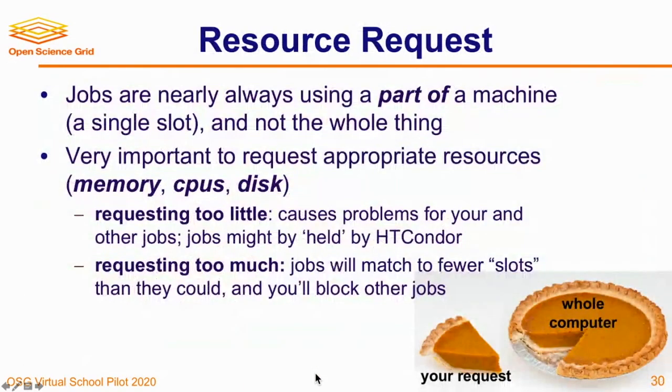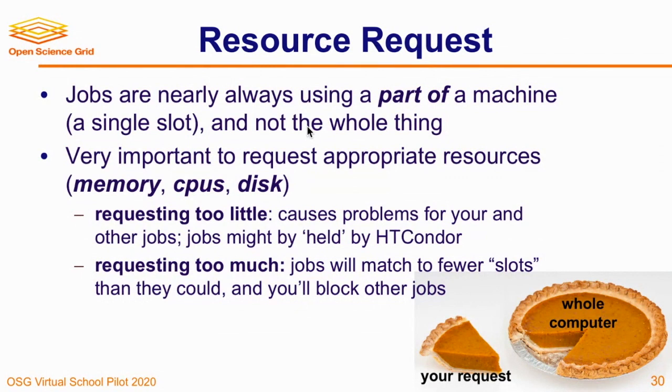And it's important to tune the resources that you request because, again, you're always only running on a portion of a machine on a single slot, not the whole thing. And a machine can have as many slots as it has CPU cores. Some of the machines in CHTC or in the Open Science Grid might have tens of cores. In CHTC, we have some servers with 80 cores.